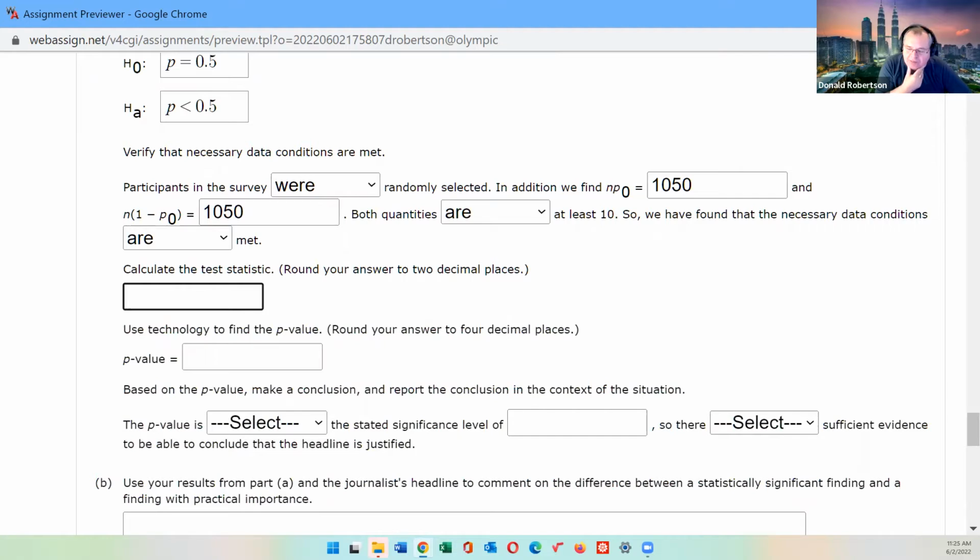T-score. In this case, Z-score. T-score would actually be true when we do means, but when you do proportions, it's almost always Z. And when you do means, it's always T, but you're pretty close. So that's going to be the Z-score, and that's obviously the p-value.